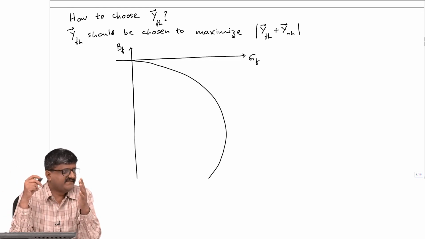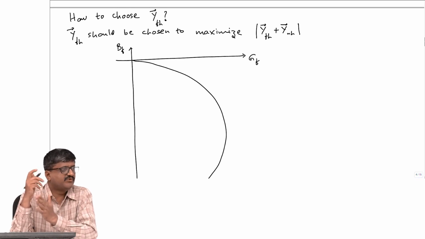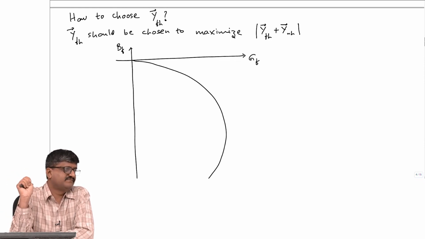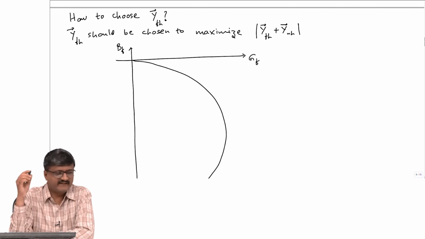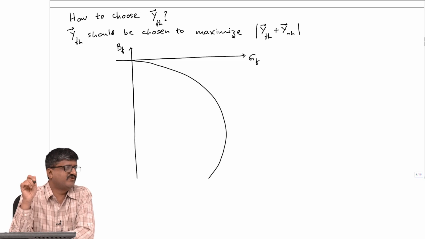So, what is the maximum distance to which the boundary can move, so that I get a maximum value of this magnitude? When the boundary is tangent to the semicircle. Is that clear? Is that obvious or not? Simple geometry, nothing more than that.